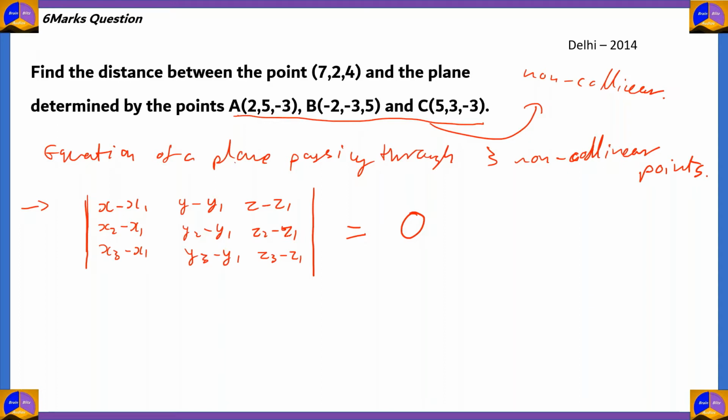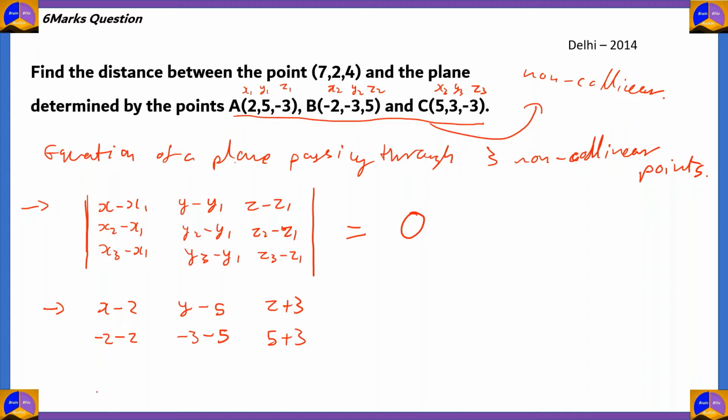The determinant of these quantities is equal to 0. So over here, x1, y1, and z1 are the coordinates of the point A. x2, y2, z2 are the coordinates of the point B. And x3, y3, z3 are the coordinates of the point C. Let's plug in the values. x minus 2, y minus 5, z plus 3; then x2 is minus 2, so minus 2 minus 2, minus 3 minus 5, and 5 plus 3.